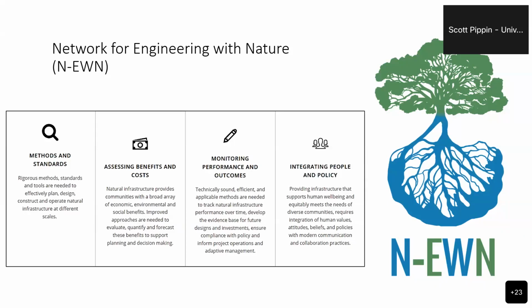How do we identify the goals of a specific community that can be furthered, and which natural systems are best suited to address the particular challenges of a given place or a given community? So addressing across those four pillars, we're hoping to have that complete picture of how to design and plan for natural infrastructure. So next slide, please.